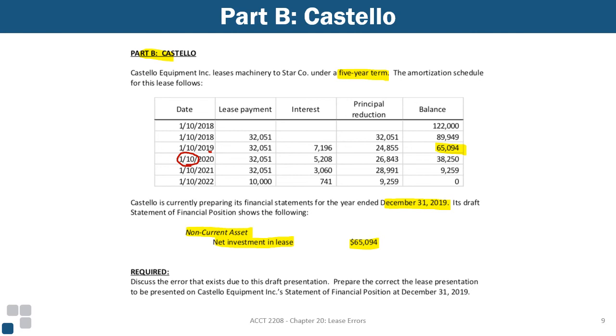This lease currently goes to the end of 2019. So what you're going to see is 1/3 of that lease expense over here needs to be receivable. And then what's going to happen, of course, is the principal reduction is going to be a current asset. And then this remaining 38,250 needs to be classified as a long-term asset. So we'll just see this in the next slide here.